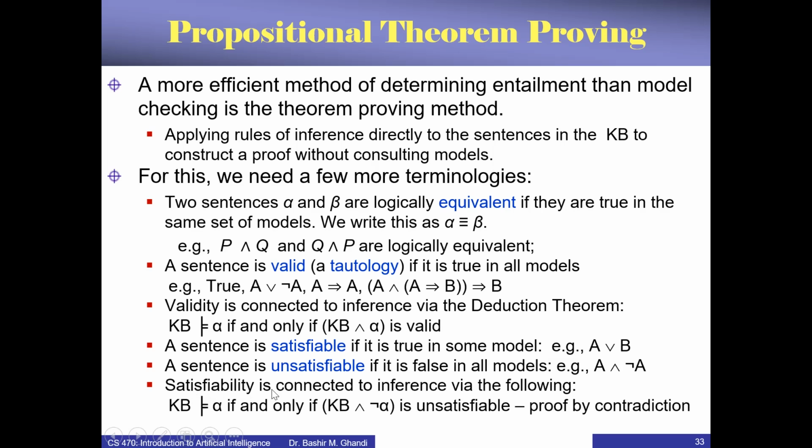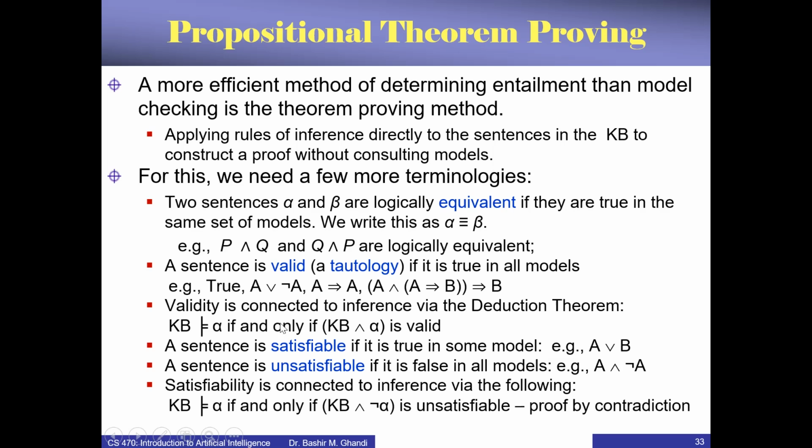This idea allows us to do proof by contradiction. Satisfiability is connected to inference via the following: KB entails alpha if and only if KB and not alpha is unsatisfiable. So if we cannot satisfy KB and not alpha, it will allow us to reach a contradiction.